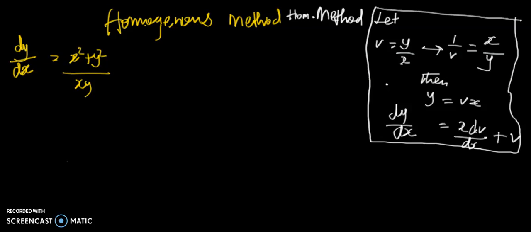The first step would be to divide all terms by x.